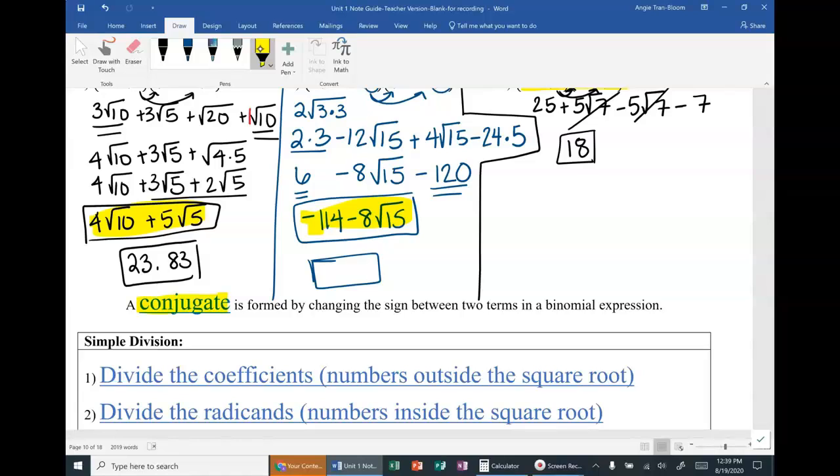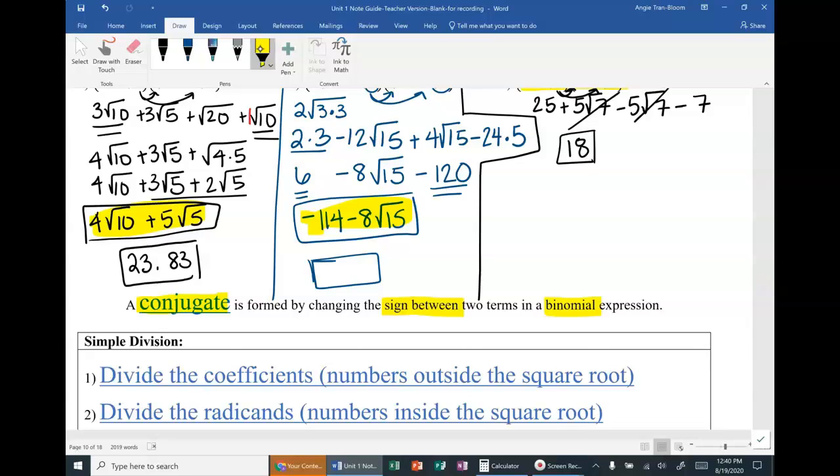So a couple of things right here. Only the sign between, which is the sign in the middle, not in the front, and only in a binomial expression. So anytime you have two identical pairs, except the sign in the middle, they are opposite of each other, then that means those are conjugates.